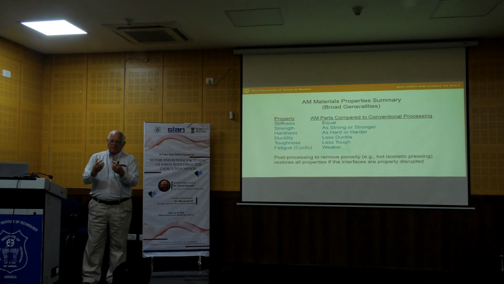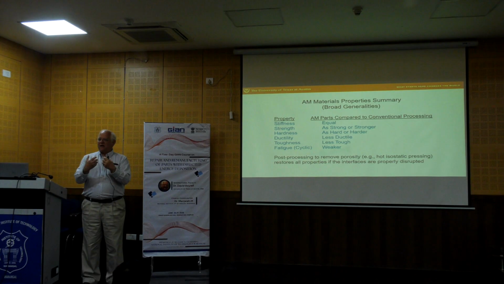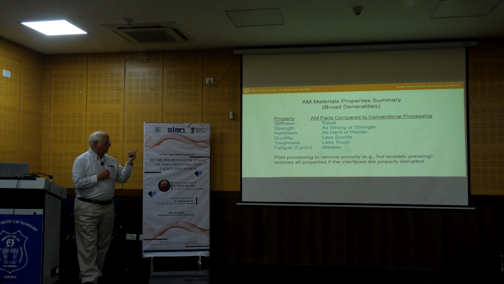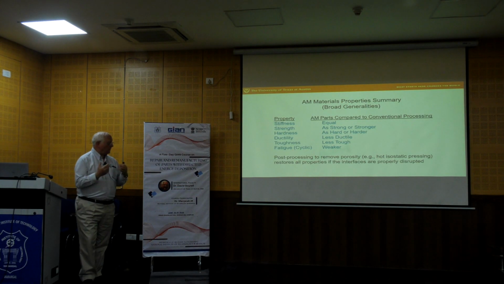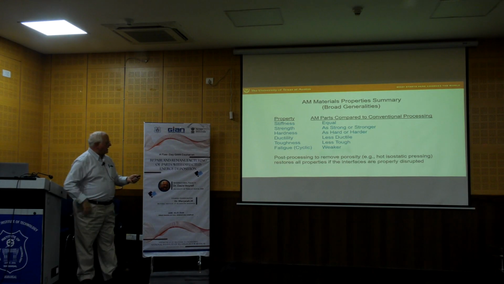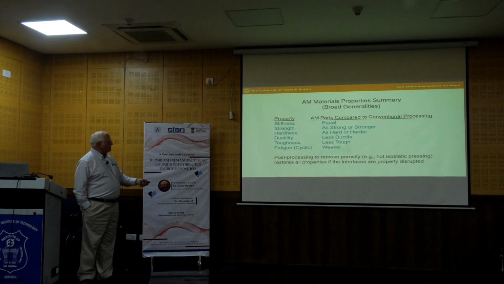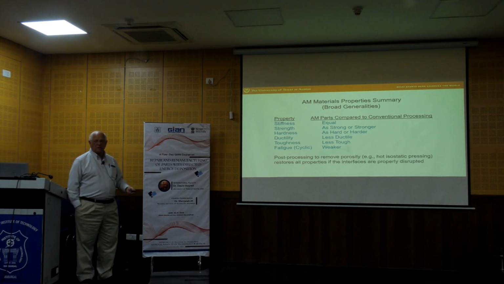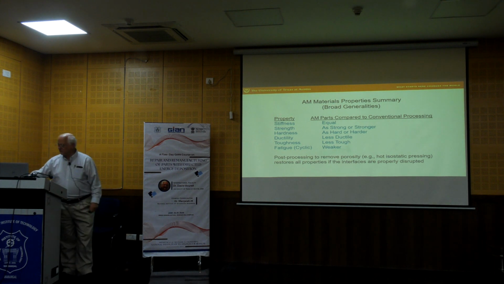So, I can have two particles that come together and don't really form a very good interface, and we can have interfacial weakness. That's not so much a big deal with metals as it is with polymers, but certainly if we remove the porosity, we improve the parts. As the porosity goes down, these parameters all improve.